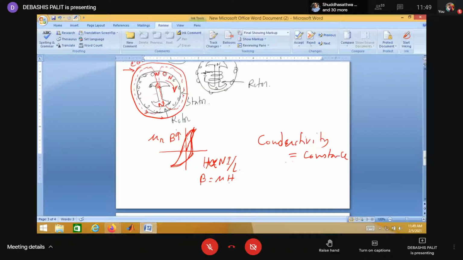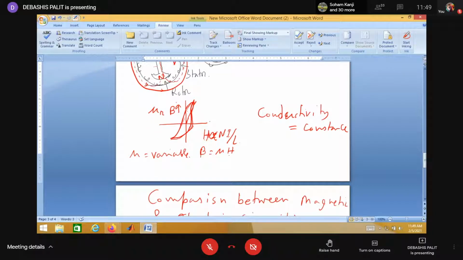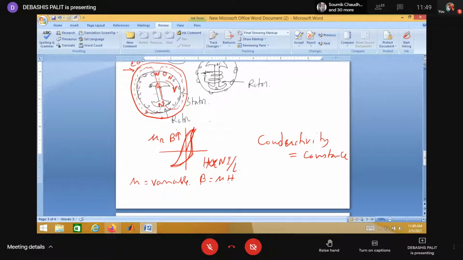Conductivity is constant, but permeability is variable. So this is the difference between the electric circuit and the magnetic circuit. Another point that I have already told you: when flux is flowing in a magnetic circuit, reactive energy is required for sustaining the magnetic flux.